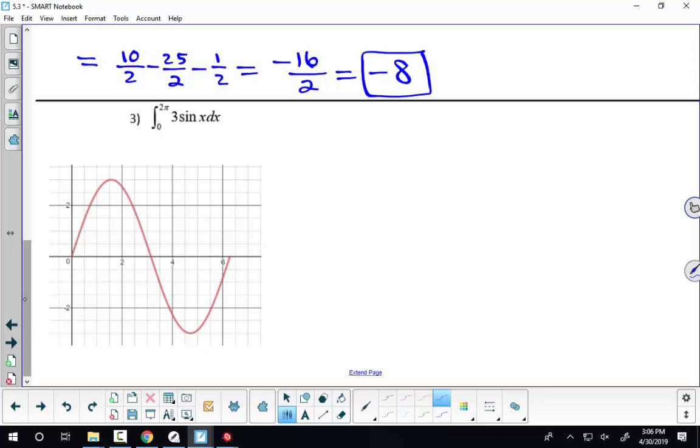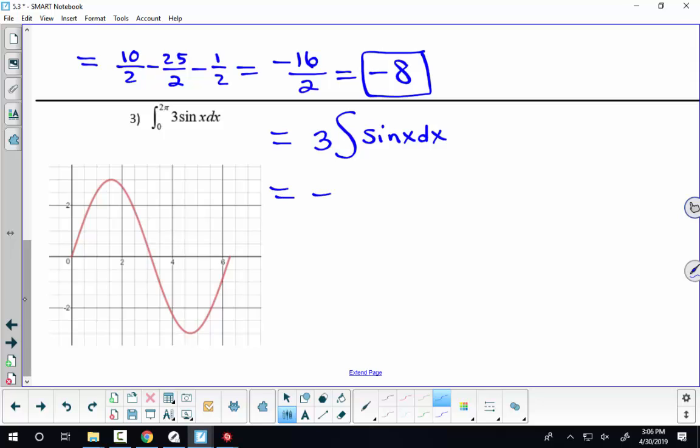What's the antiderivative of 3 sine x? 3 cosine x. Close. Negative 3 cosine x. Right, we'll call that 3 times the antiderivative of sine. What function do we take the derivative of to get sine?